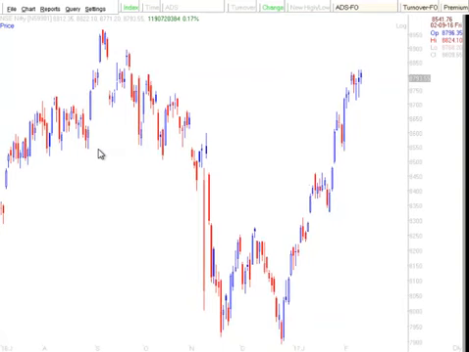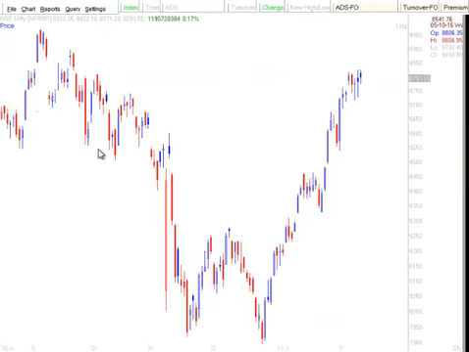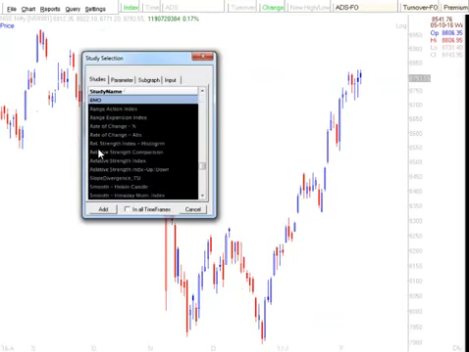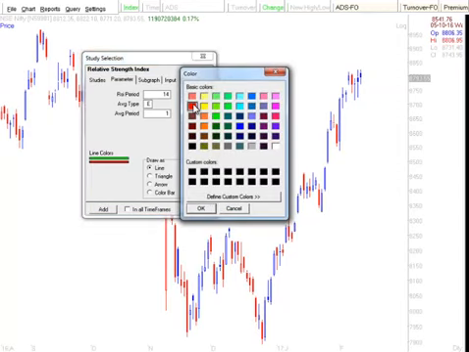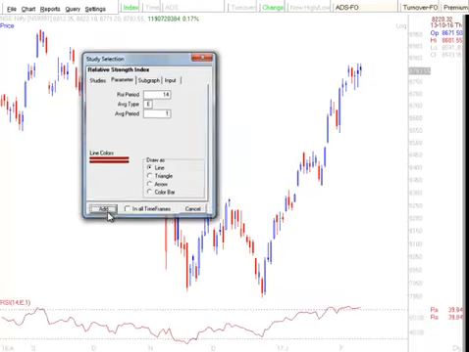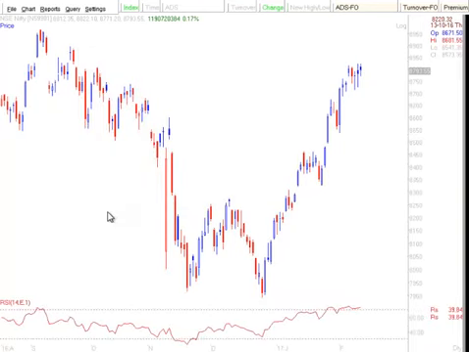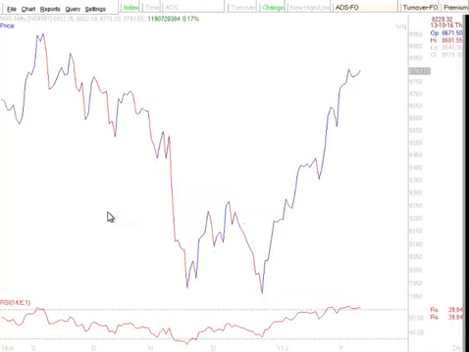So, the daily chart, and I'm going to plot the default 14-period relative strength index, and add. Okay, I will change now.